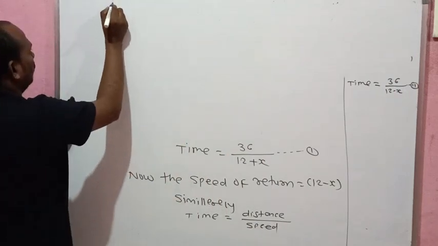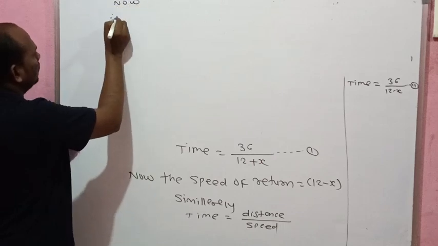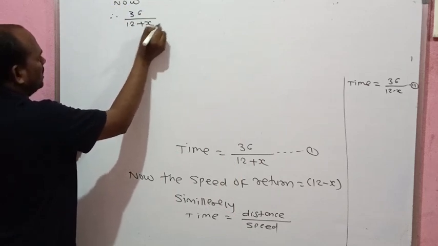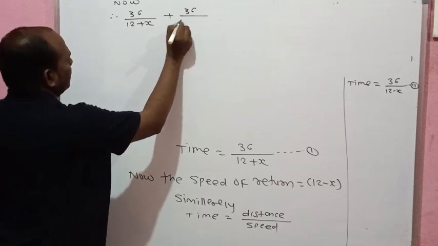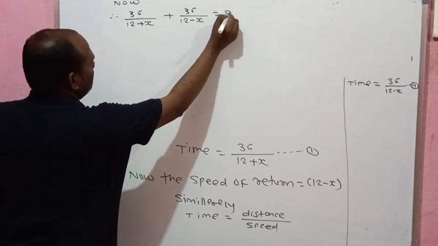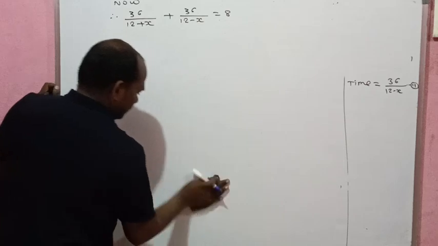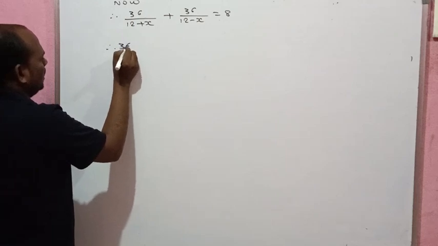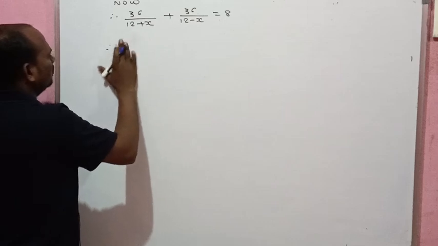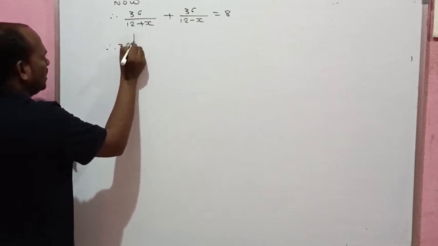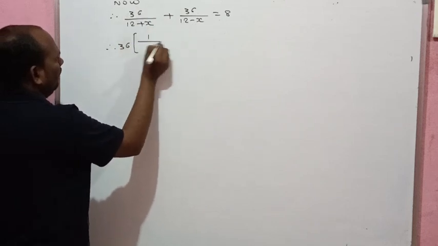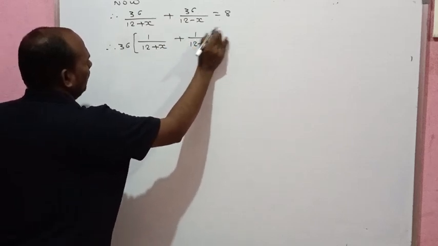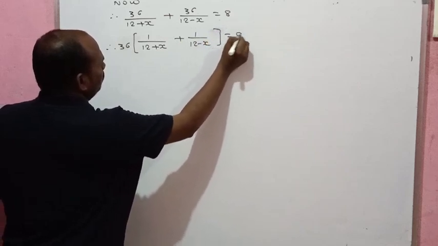Now therefore, 36 divided by 12 plus x plus 36 divided by 12 minus x is equal to the total time, 8 hours. We can take 36 common in a bracket: 1 divided by 12 plus x and 1 divided by 12 minus x is equal to 8.